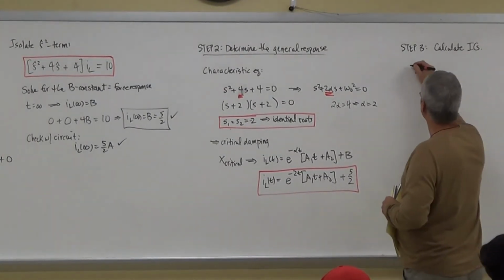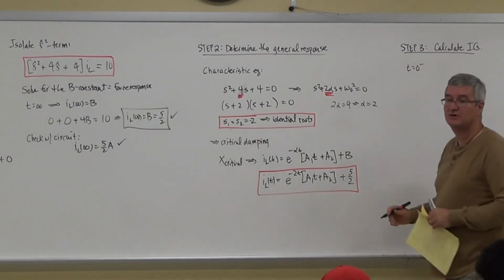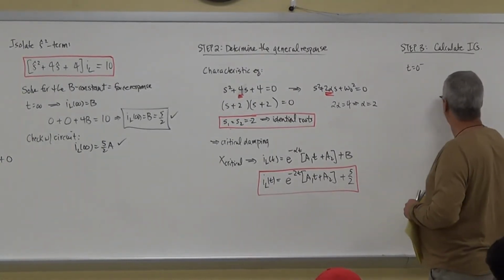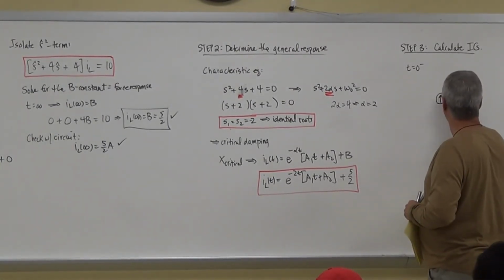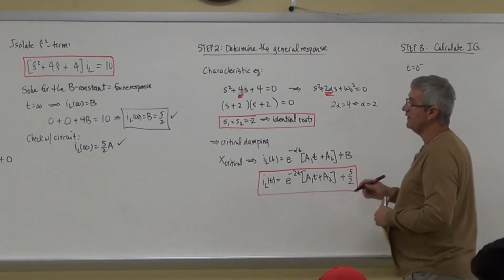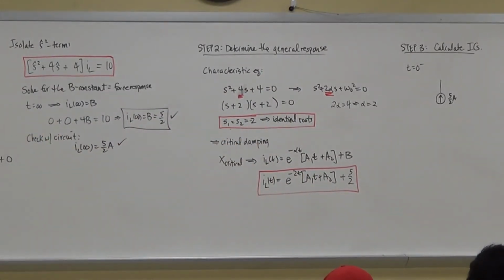So at t equal to 0 minus, what does my circuit look like? I have a current of 5/2 amps. If I go back to my circuit here, you can see that at t equal to 0 minus, I have a short here which kills off that current right there. If it kills off that current, then this becomes a short, and that becomes an open here.